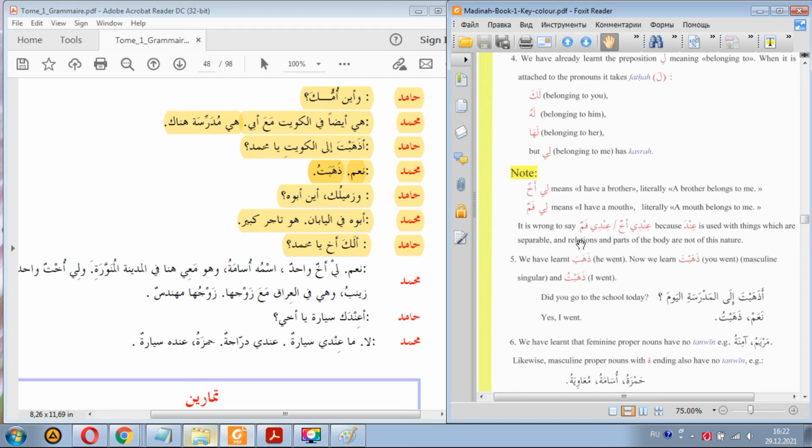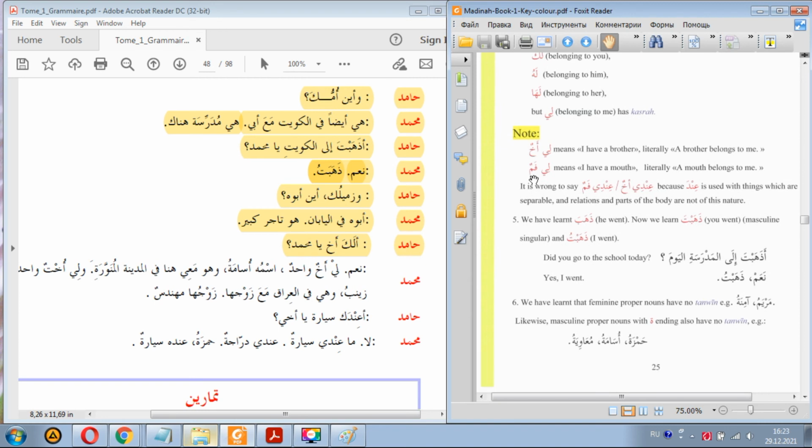You have a brother, you have this blood relation, you can't get rid of this, and therefore li akhun. Or you have a mouth, you can't just take your mouth and put it away. It's not separable, and therefore you say li famun.